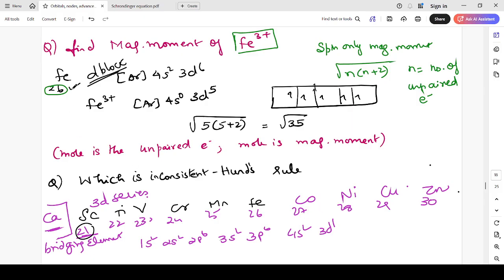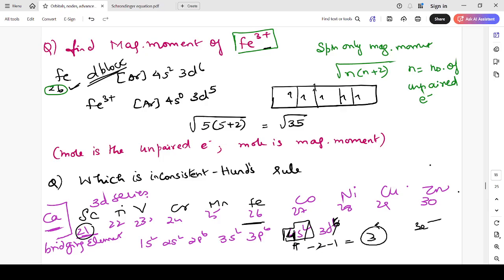So with that, they are asking me for the magnetic moment of Fe3+. Same way, let's write for iron. It is 26, so what is it? 4s2 3d6. For 3+, you can see this is in the fourth shell. So from where can I remove the electrons first? Only from here I can start removing. How many electrons should I remove? 3 electrons I will remove. So 2 from here and 1 from here.